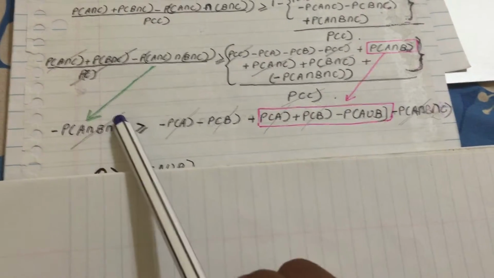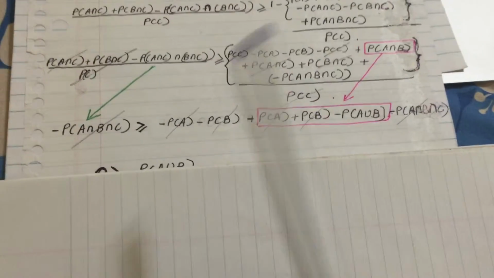We are left with 0 greater than or equal to minus probability of A union B.